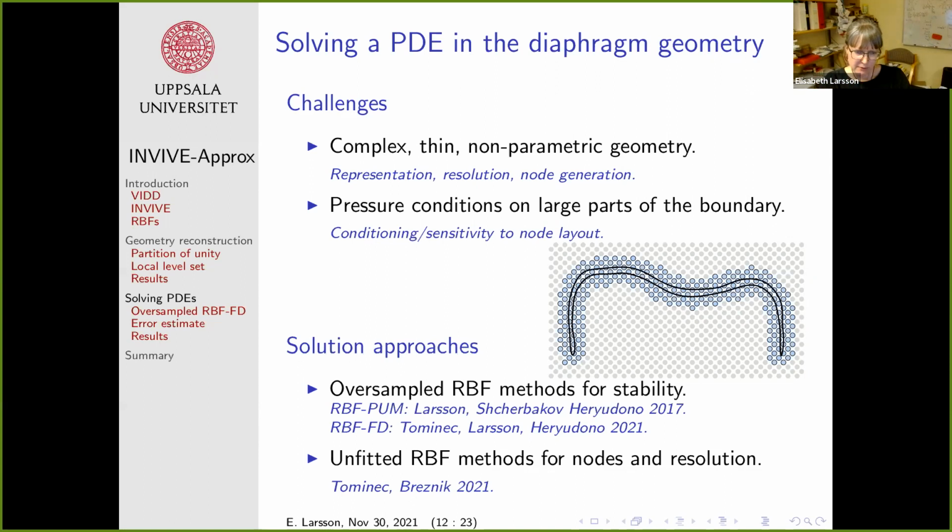And then something that we have been looking into for quite a while actually is to use oversampled methods, because the oversampling helps the stability of the method, it decreases the sensitivity.